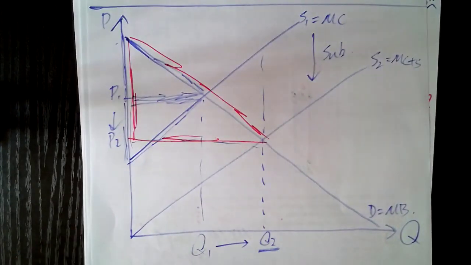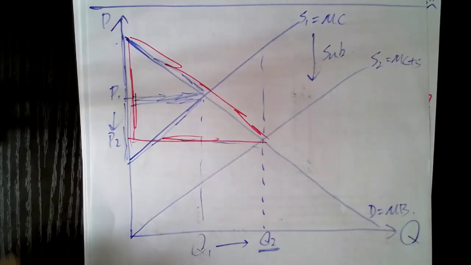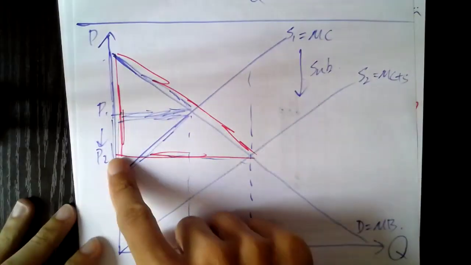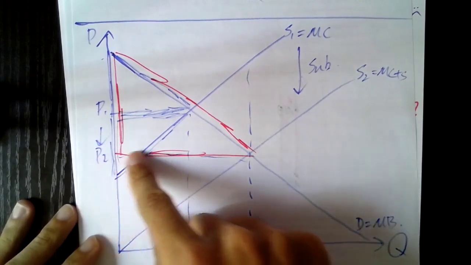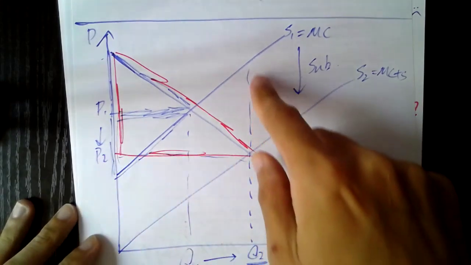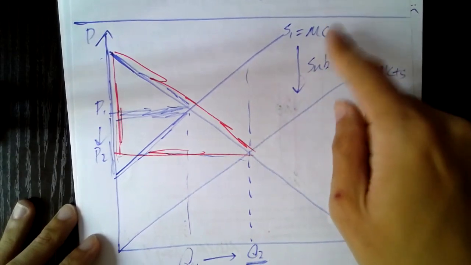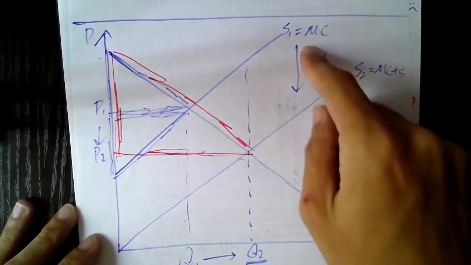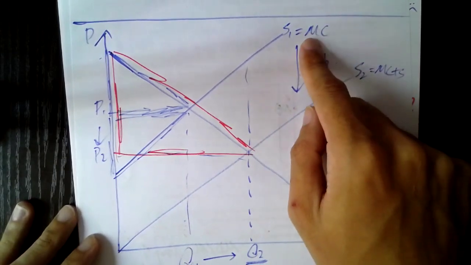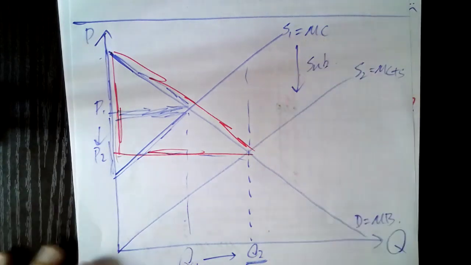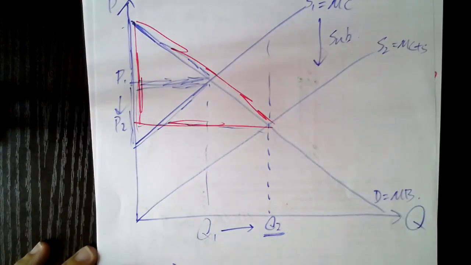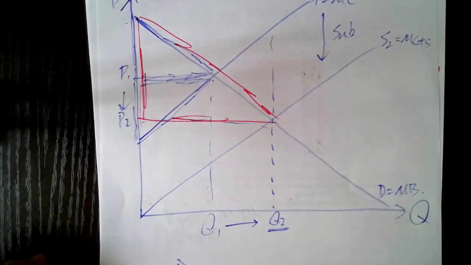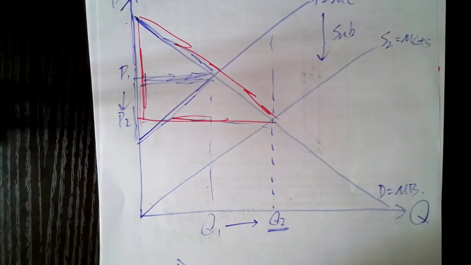What about the producer? Where is the producer? Remember, producer refers to the difference between price and MC. Please make it clear, price and MC. Okay, is that alright? So here we are using P2 and MC. Funny enough, the producer surplus.